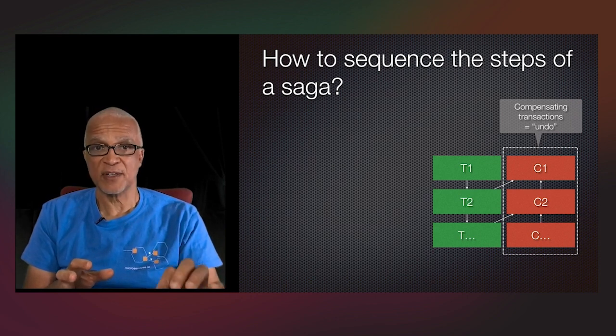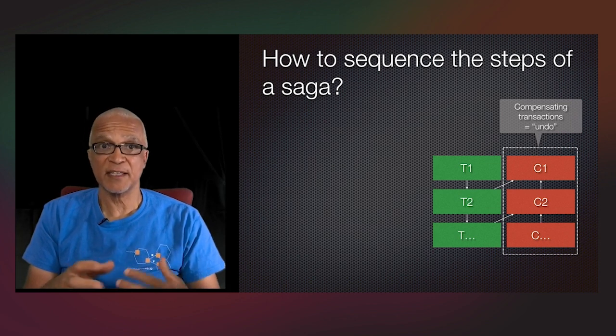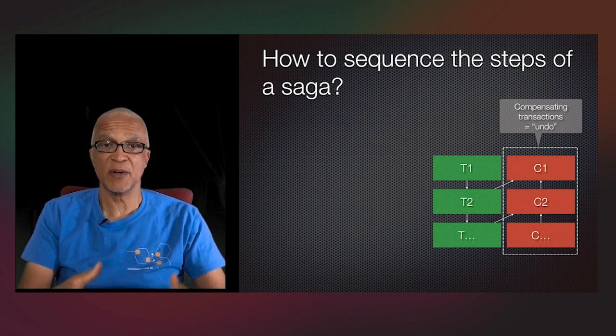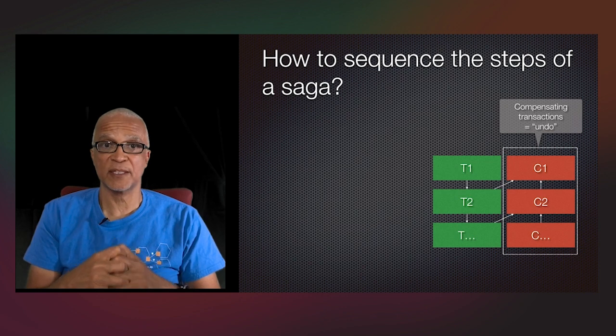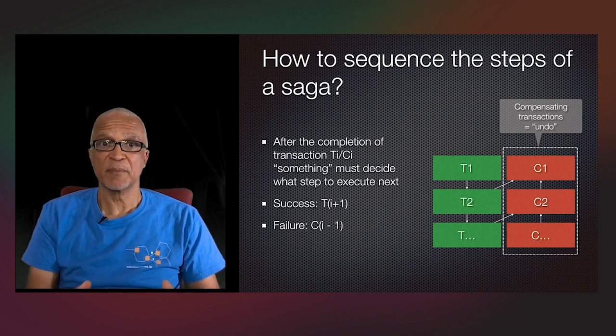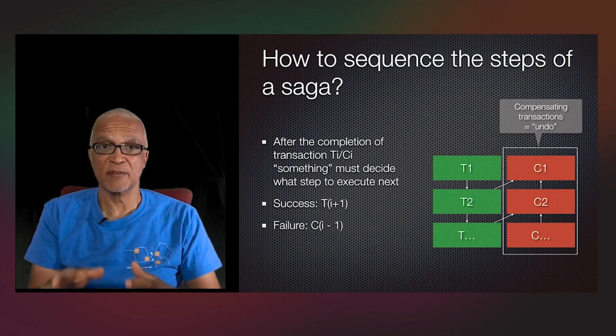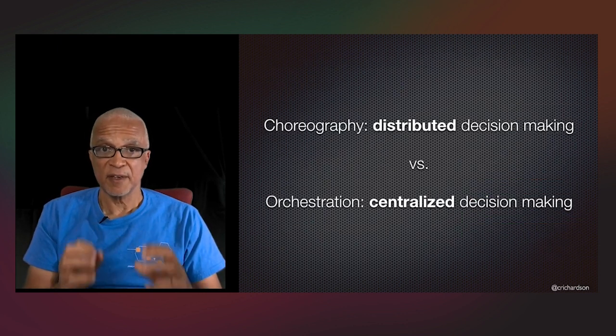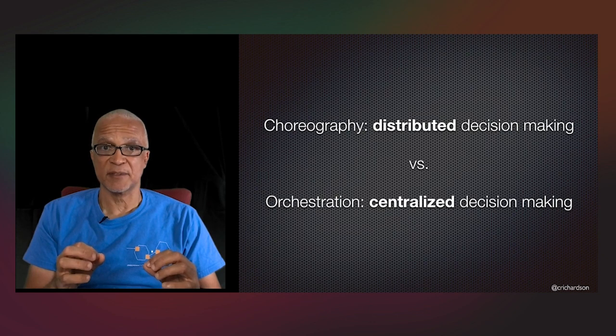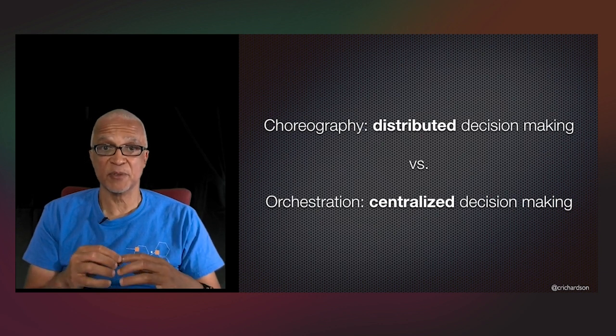If a T transaction fails, the C transactions for the preceding steps are executed sequentially in the reverse order. A Saga's implementation logic needs to coordinate the execution of these steps. There are 2 coordination mechanisms. The first is orchestration, where a centralized orchestrator tells the participants what to do.